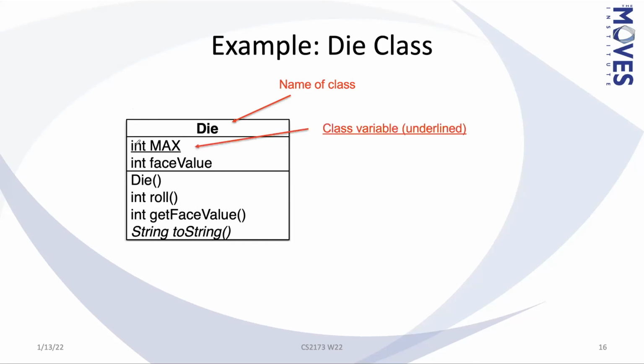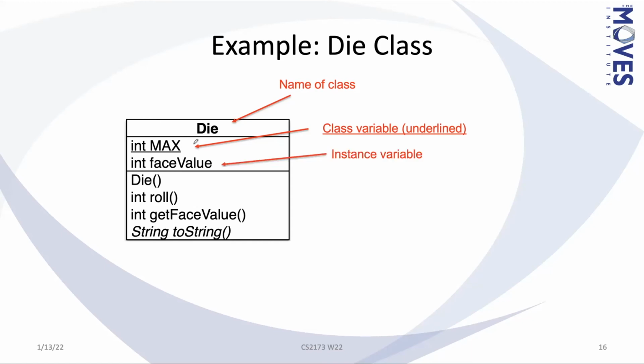In this particular case, there's a class variable. In the book's example, they define it as an instance variable, but in this context it should be a class variable. If there's a class variable, my convention is to underline it to indicate that's what it is.